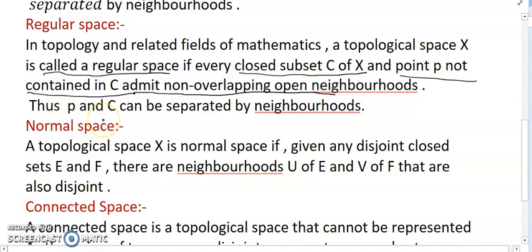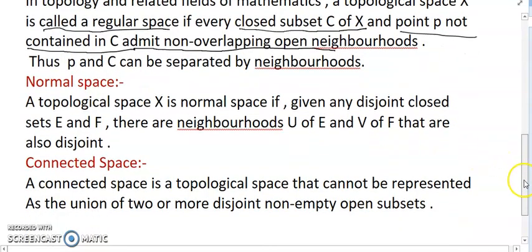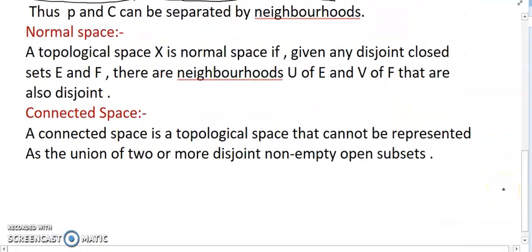Thus P and C can be separated by neighborhoods. Normal space: a topological space X is a normal space if given any disjoint closed sets E and F, there are neighborhoods U of E and V of F that are also disjoint.